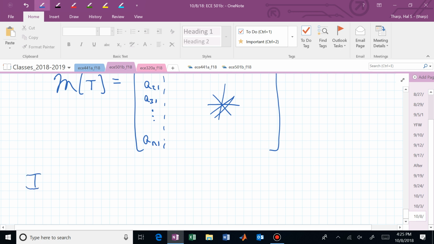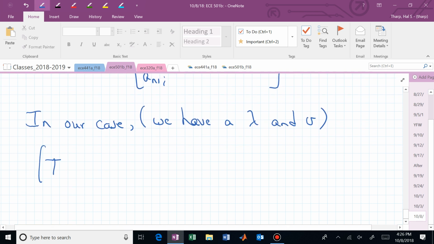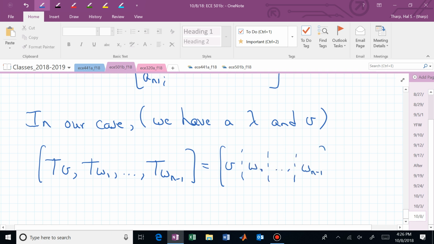In our case, what do we have? We actually have an eigenvalue and its associated eigenvector V. So now if we put TV in the first column of our matrix representation, and then we extended that basis up to, let's say, W sub n minus 1, that's now going to be V, W1, up to W sub n minus 1.